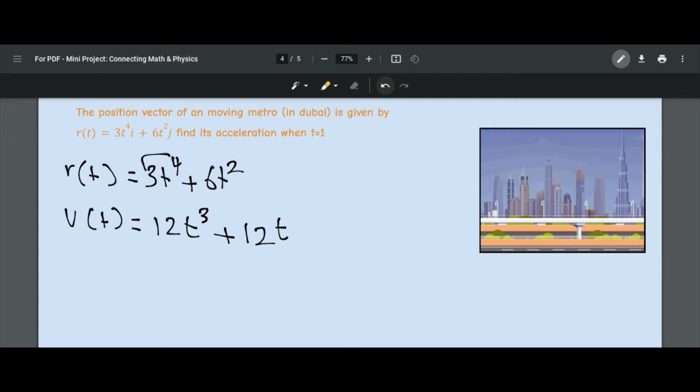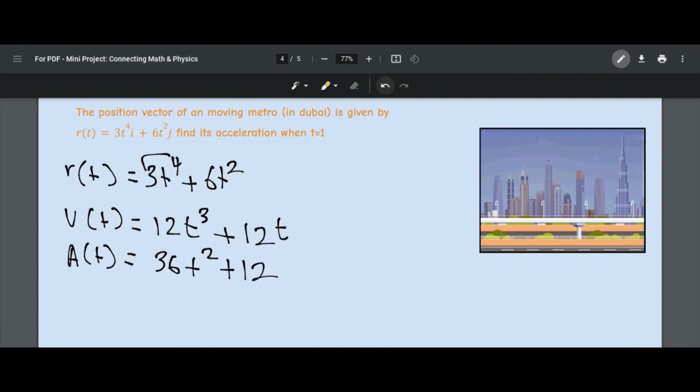And now we're able to find the acceleration, which is the derivative of v of t. So the acceleration equals 12 times 3, which is 36t squared plus 12.